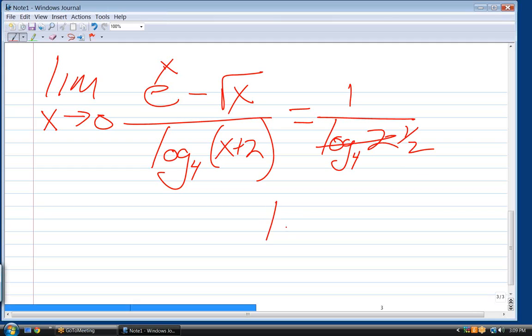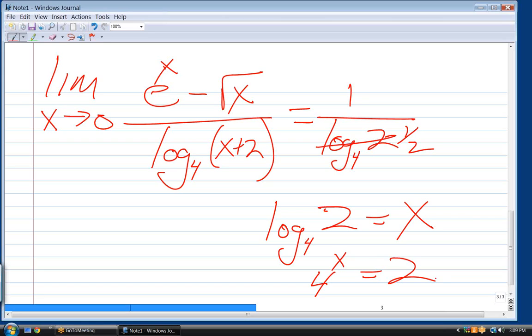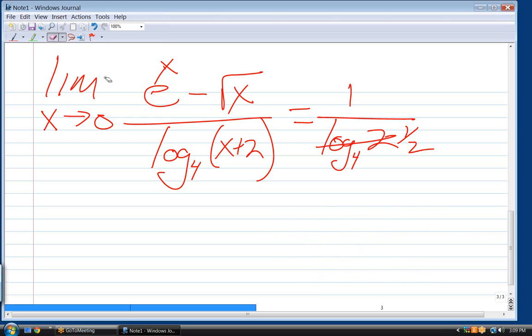In other words, let's just refresh our logs. Let's say that's equal to x. So now I can say that 4 to the x power is equal to 2. Well, x has to be 1/2. The square root of 4 is 2. All right, so that's how we get 1/2. So this whole thing is a number. It's 2.